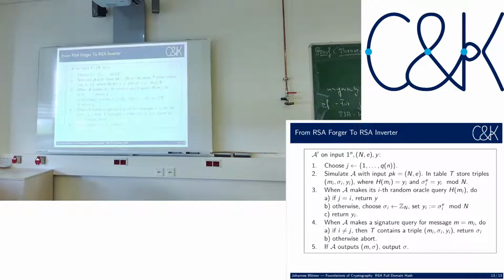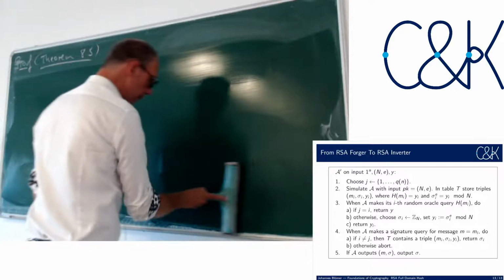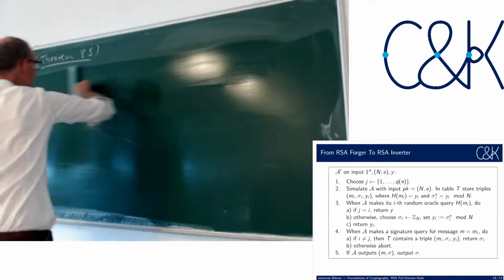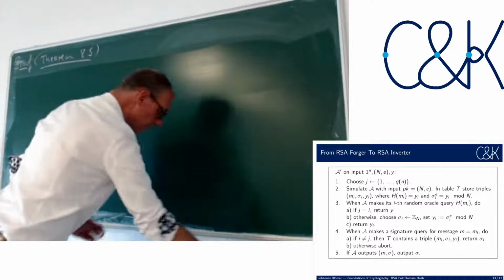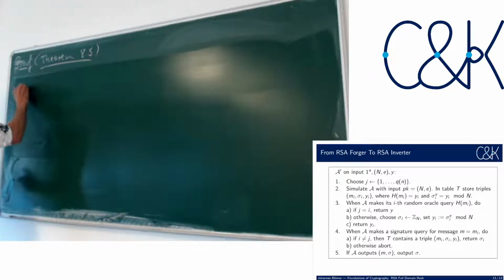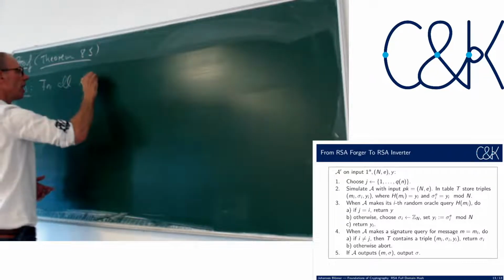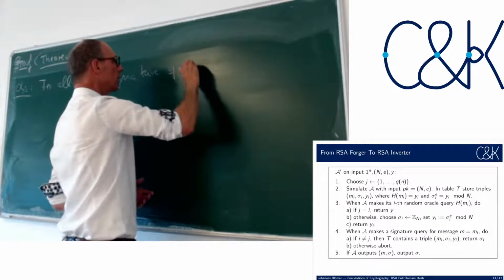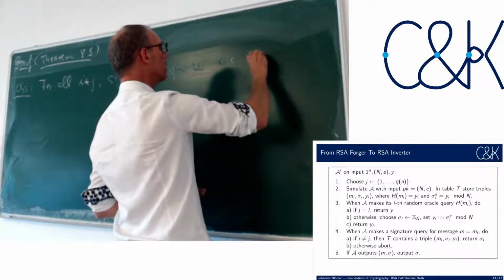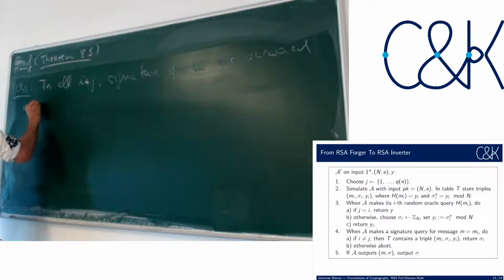So let me erase this. The second observation is: for all i not equal to j, signature queries are answered correctly. Proof. Why is this so?